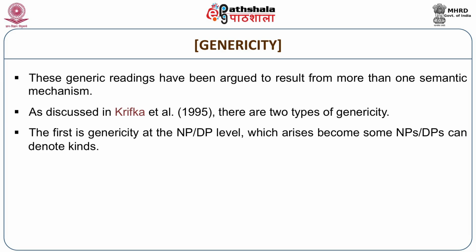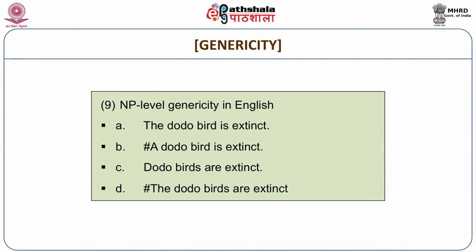The first is genericity at the noun phrase level, which arises because some noun phrases can denote kinds. So when you say "the dodo bird is extinct," the noun phrase here refers to the kind, the dodo bird.